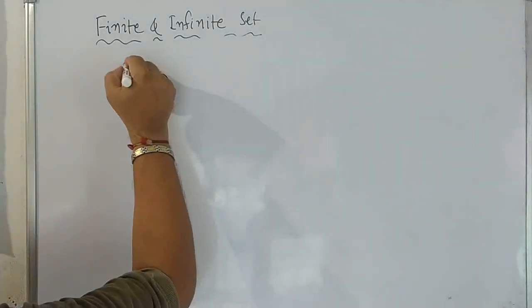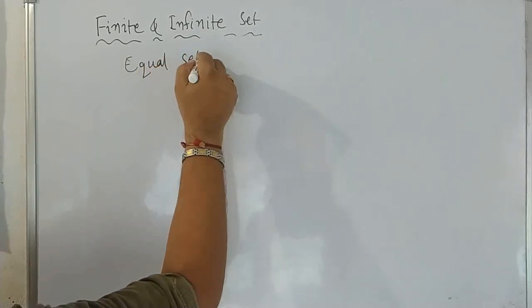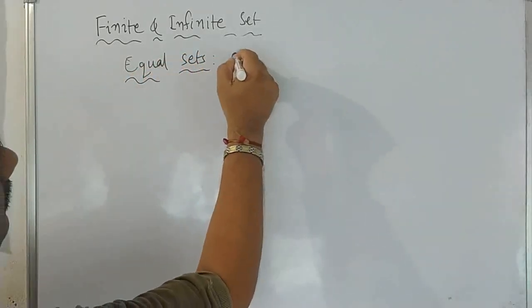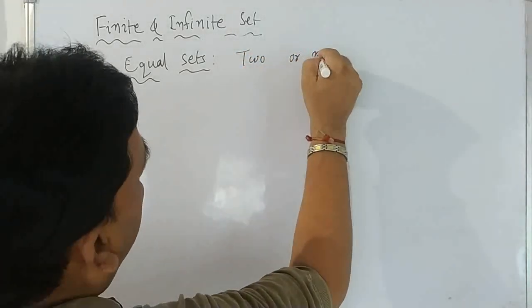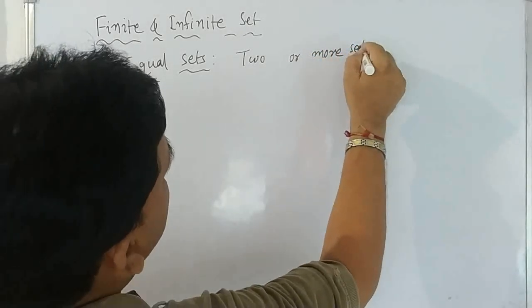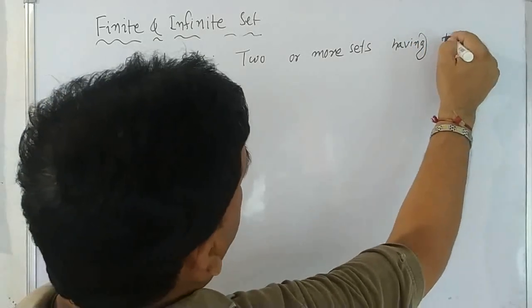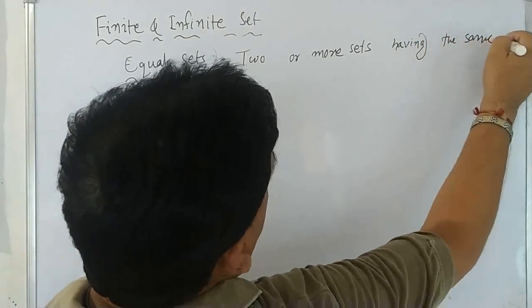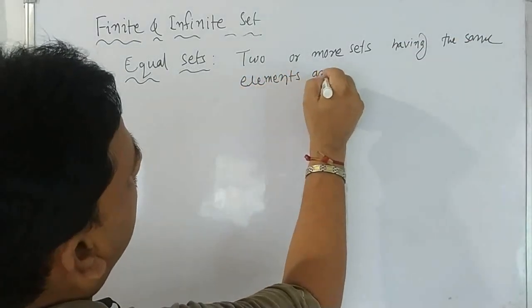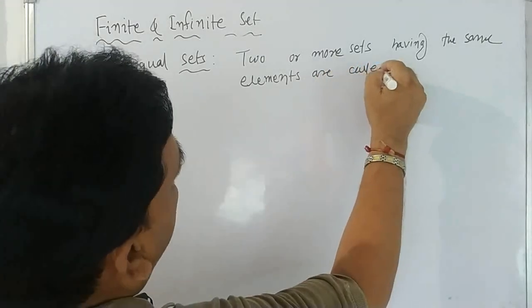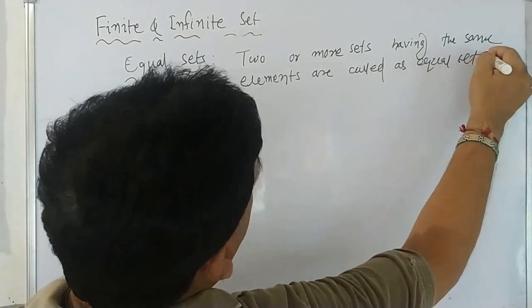Now equal sets. The third one is equal sets. Two or more sets having the same elements are called equal sets.